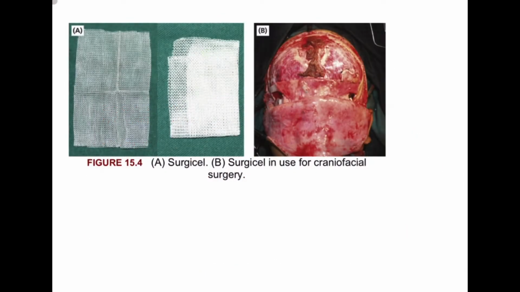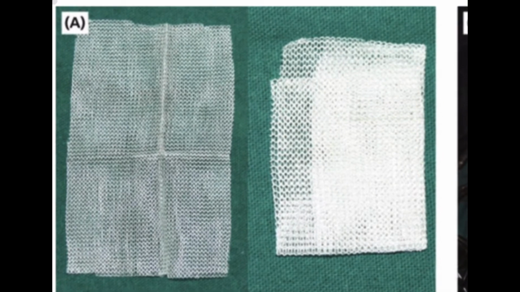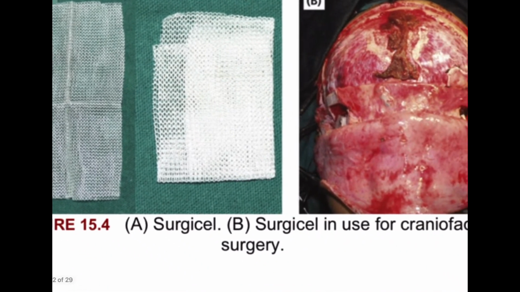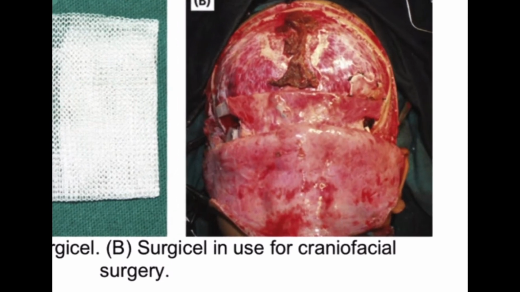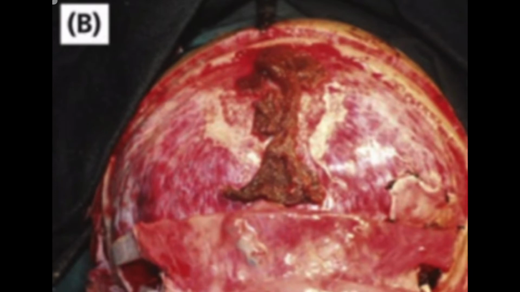Here is how Surgisil looks. It almost resembles our gauze piece. Whenever we apply this, it will lead to coagulation of plasma proteins resulting in formation of a clot. Here in craniofacial surgeries, Surgisil is being applied. Can you appreciate? This one is the Surgisil.